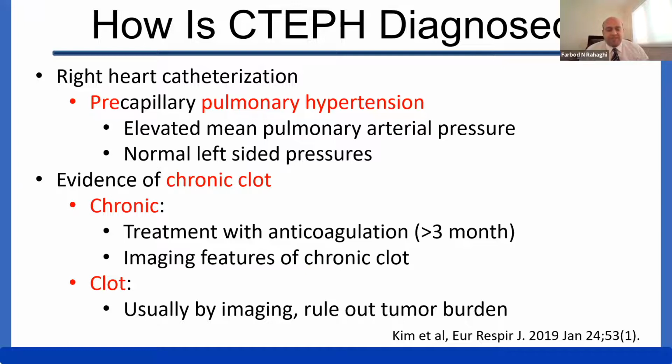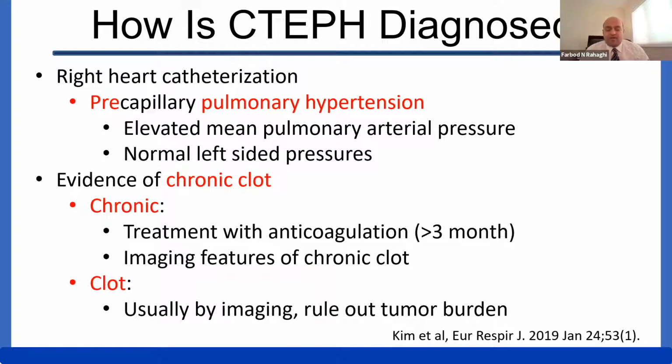Going back to what CTEPH stands for, there's the pulmonary hypertension part of it, and specifically CTEPH is a manifestation of precapillary pulmonary hypertension, meaning that the elevated pressure, the pulmonary hypertension, is a result of increased vascular resistance, and in particular arterial resistance.